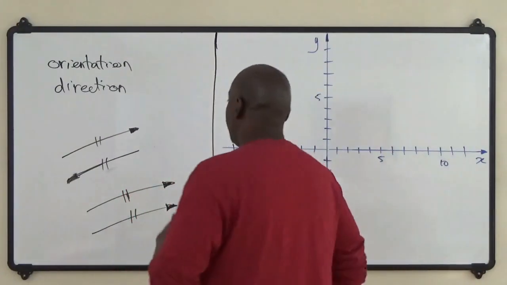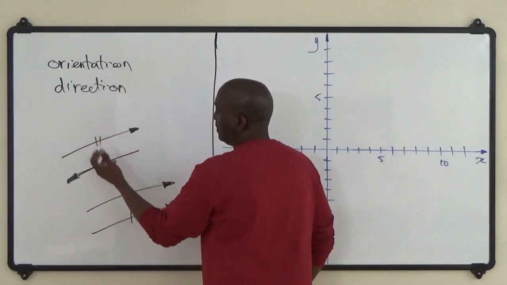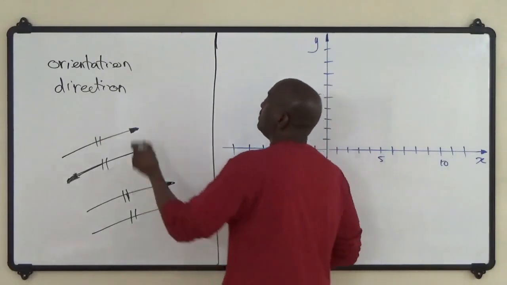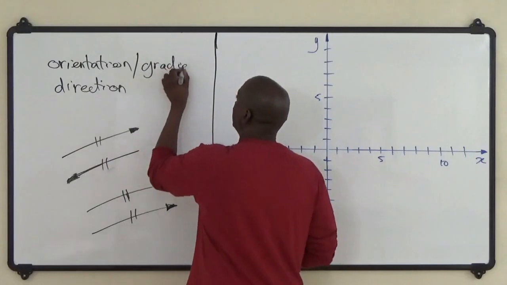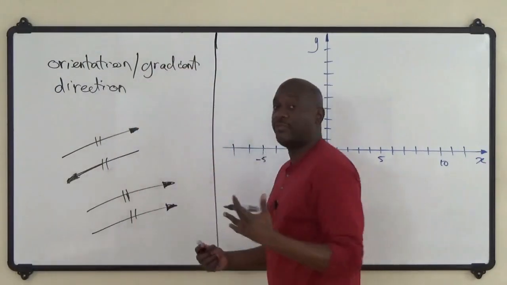Now, if two vectors have the same orientation, it means that they have the same gradient. So we could use the word gradient here as an alternative to the word orientation, right? The gradient might be something that you're more familiar with.